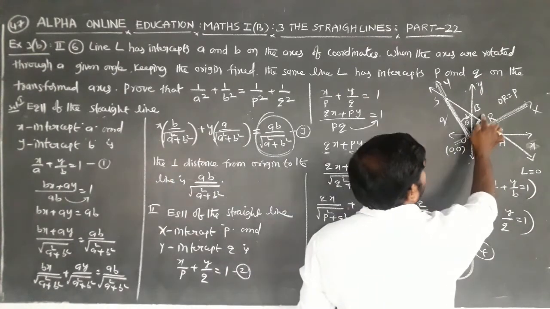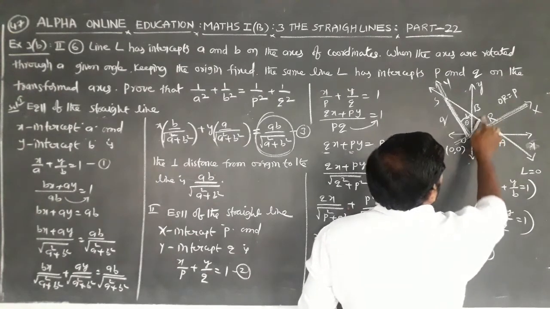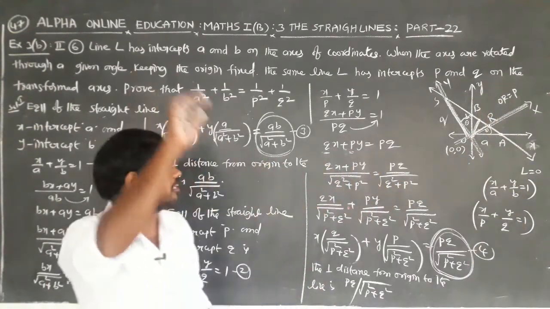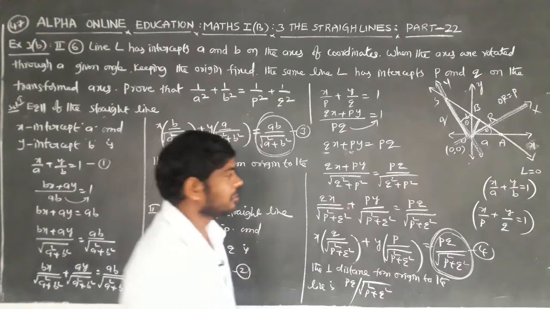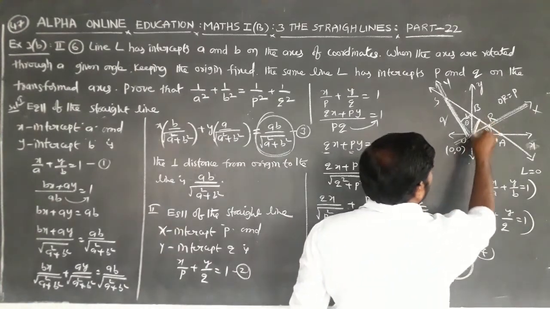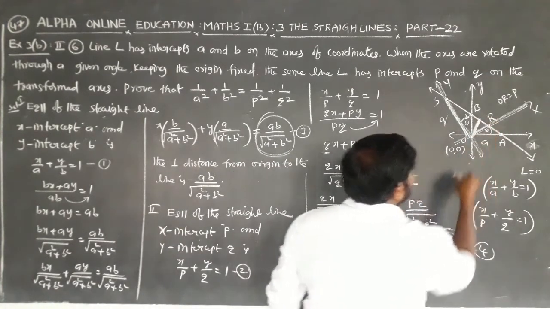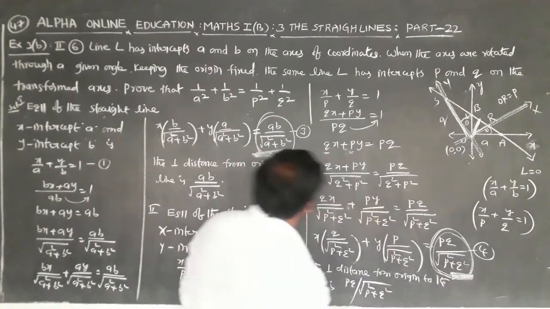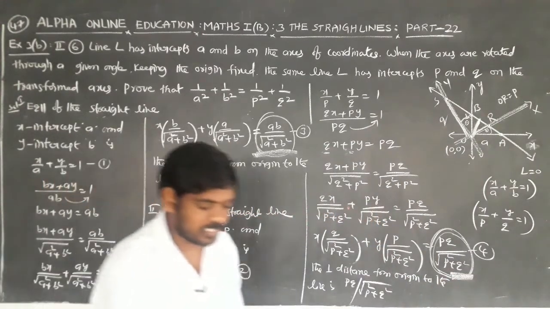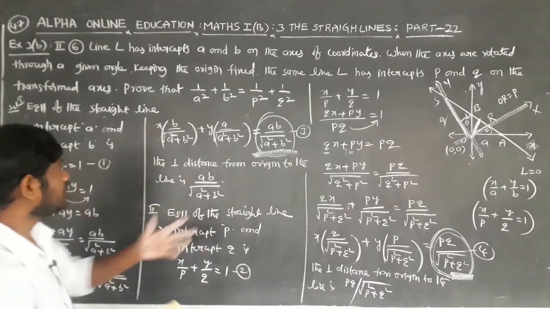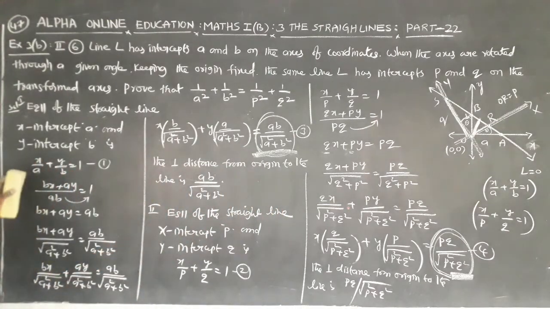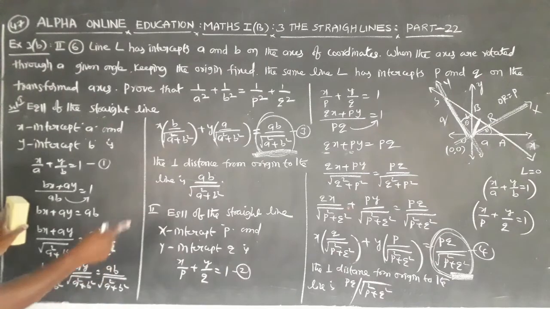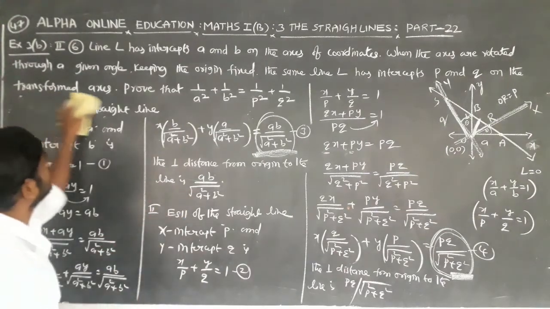So the perpendicular distances from the origin to the lines are equal. Observe that the perpendicular distances from the origin to the lines are equal, equating the perpendicular distances.